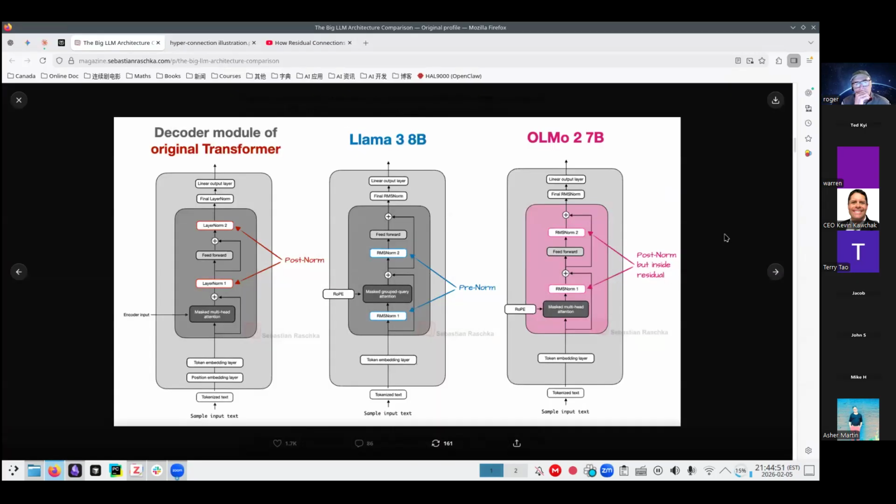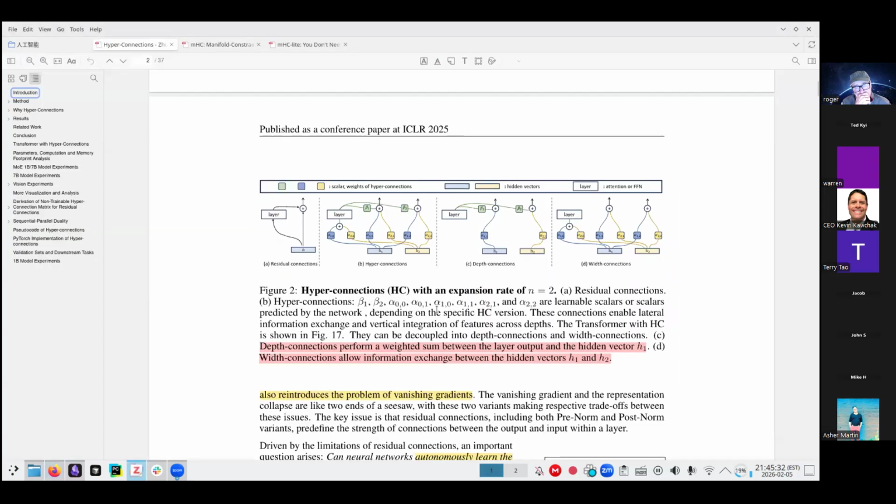If someone doesn't remember what that is, this is a picture from the previous big architecture comparison. This is the post norm. This is the pre norm. Why does pre-norm alleviate the vanishing gradient?